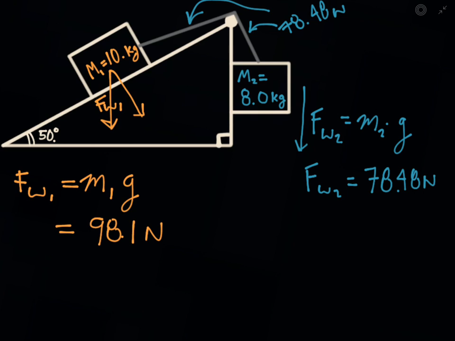So we're just going to call that F sub n. It's not the normal force, but it has the same magnitude as the normal force, so for our purposes we'll just call it F sub n, as a denotation that we're going to use in this example.